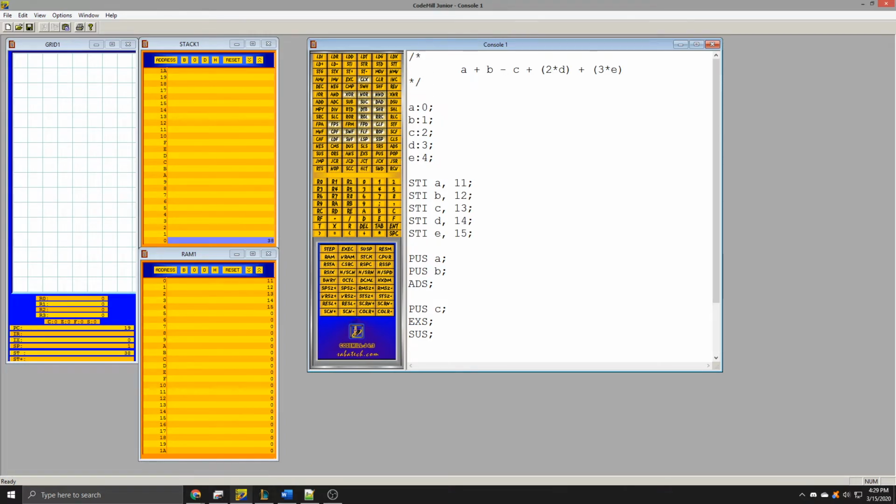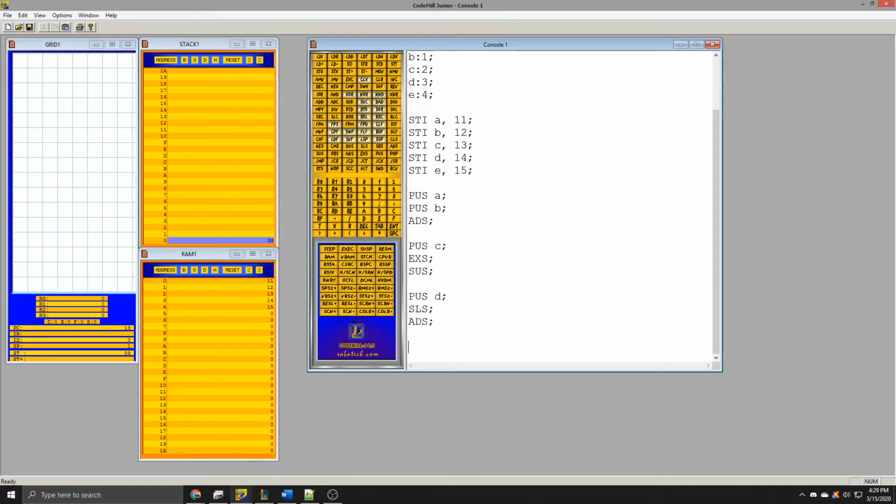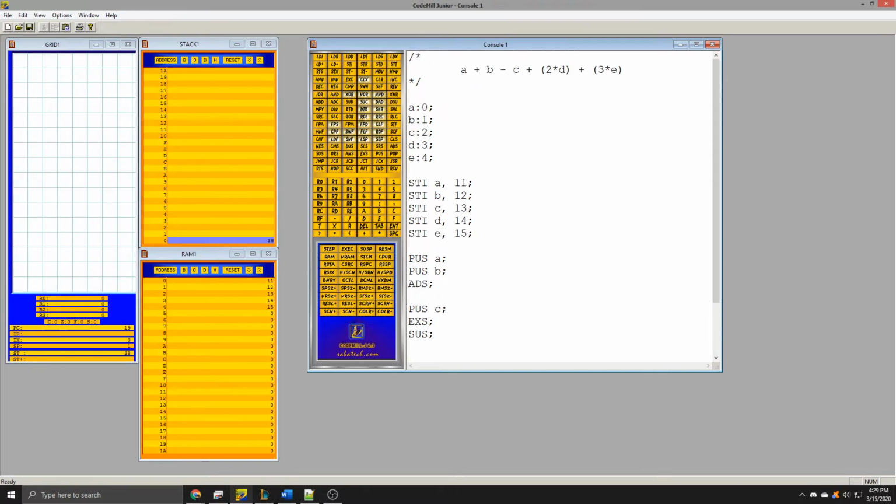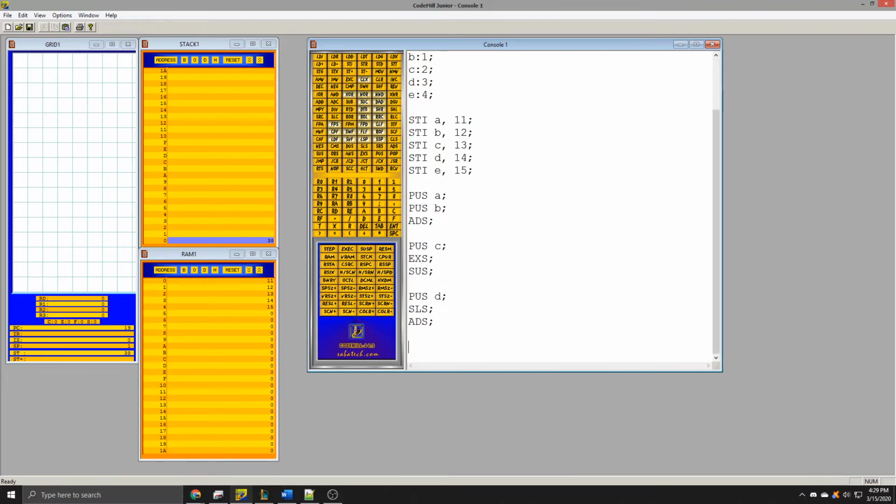And now I move to this part, and I want to add 3E to it. And the problem with shifting is that it could only multiply by a power of 2, and 3 is not a power of 2, so I got to use the duplicate method instead. So first I got to push E. And then I got to duplicate it 2 times.